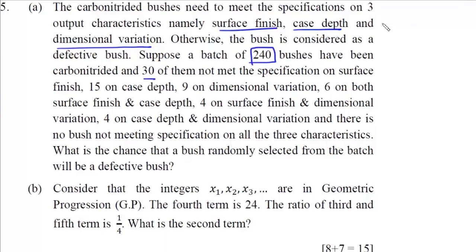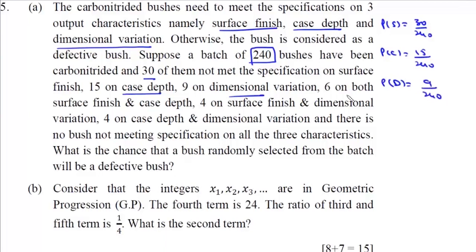So the probability that the bush is not going to meet surface requirement is 30 by 240. And if it doesn't meet case depth requirement, that is P(C), probability is 15 by 240, and dimensional variation, suppose P(D), will be 9 by 240.